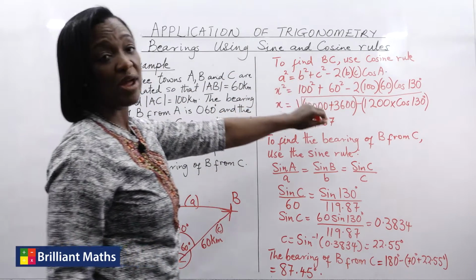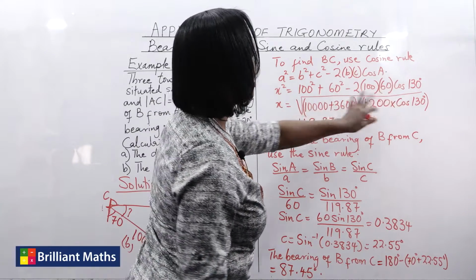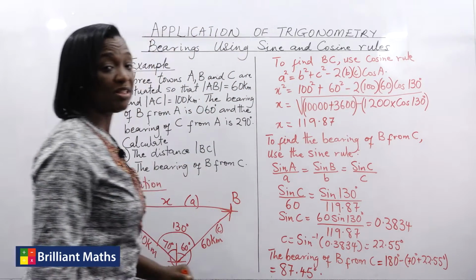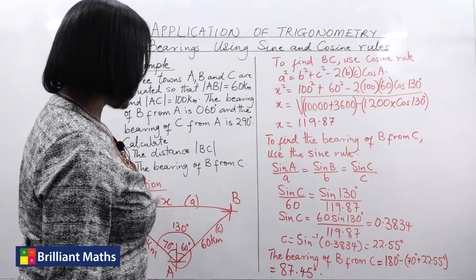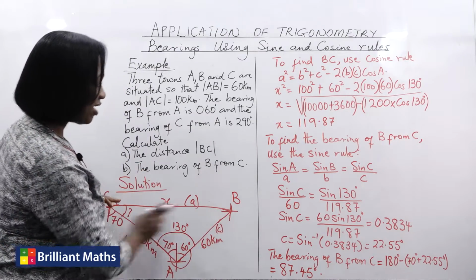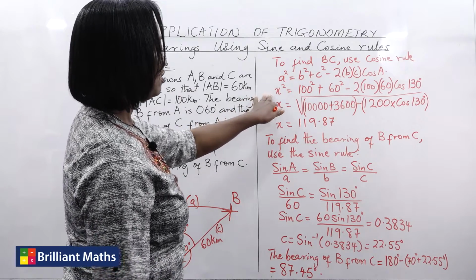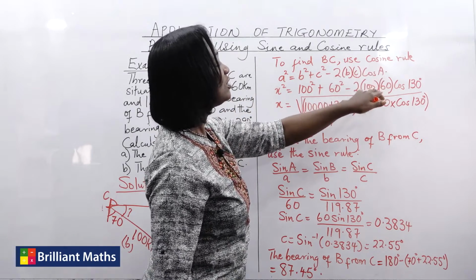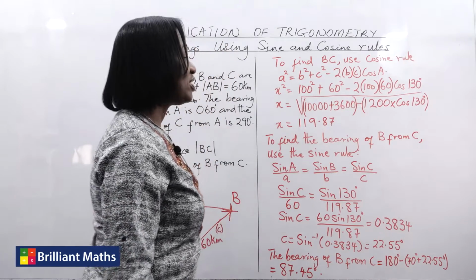So that's 100 squared plus 60 squared minus 2bc, that is 2 times 100 times 60 cos 130 degrees. So x squared, which is our a, is equal to 100 squared plus 60 squared minus 2 times 100 times 60 times cos 130 degrees.